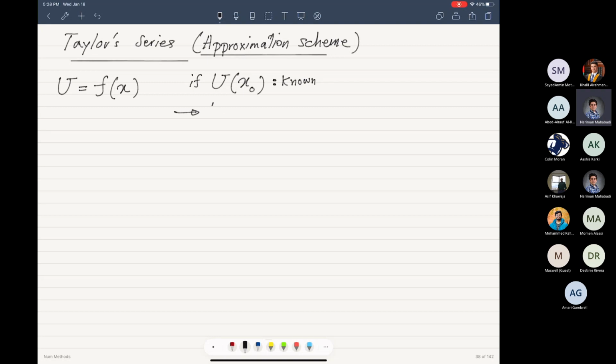Then the question is, can you guess or can you approximate your unknown function in the vicinity of your known value? So let's say this is x naught plus delta x. So very close to what you have in your known system. Can you guess what is the approximation close to the point that is known, right? So that's the question that Taylor has actually the answer for.